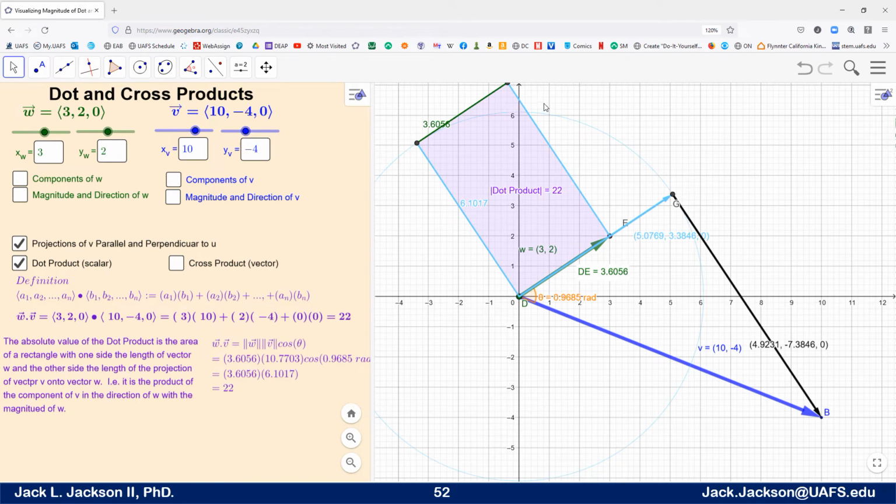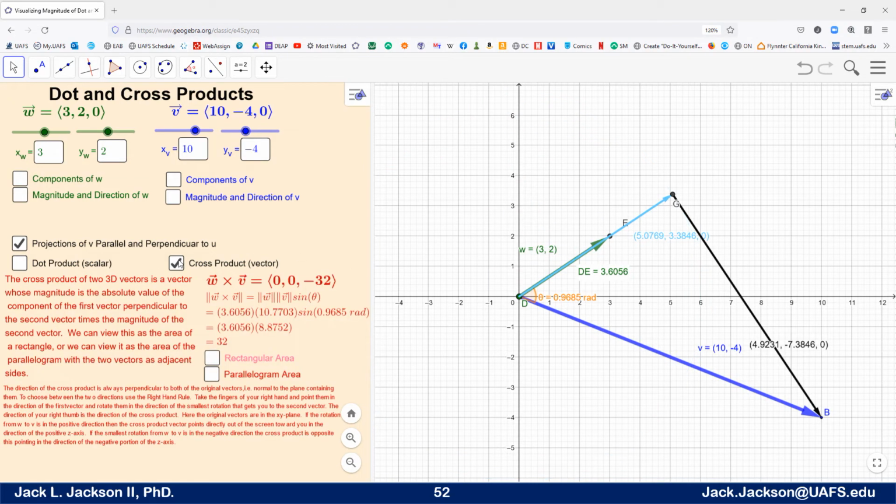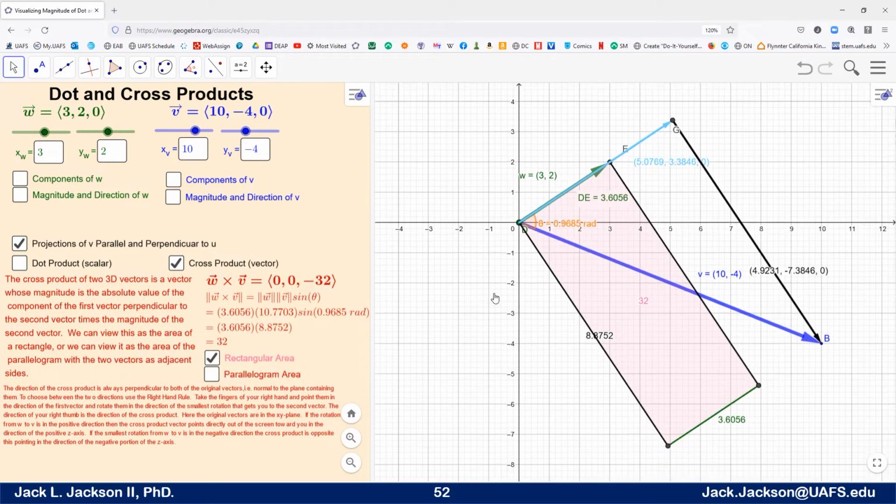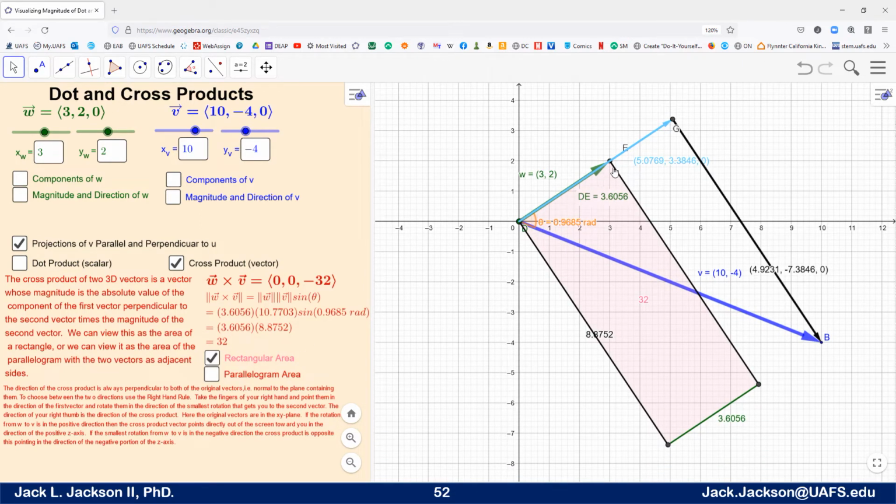Instead of having an area like this where one side is the parallel component and the other one is this vector W, for the cross product we're going to see an area that is, again, the same as the vector here, but the other side is formed by the perpendicular component. Okay, well that's not that much of a change. That's kind of a nice change that we might expect.